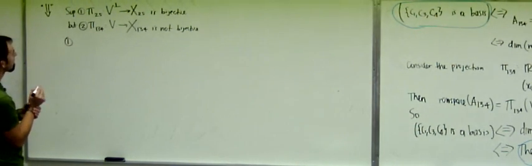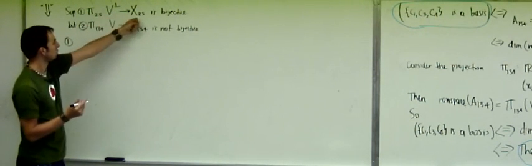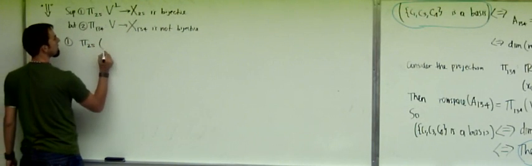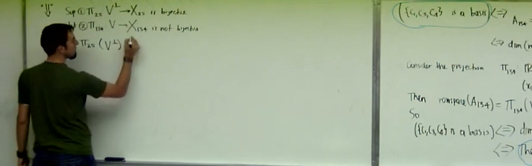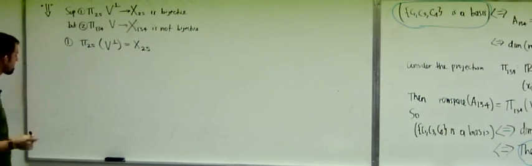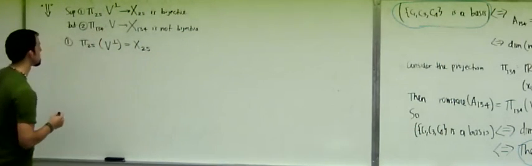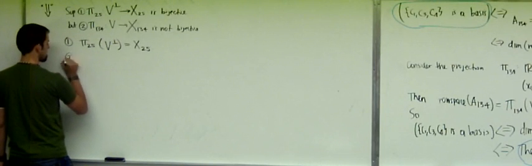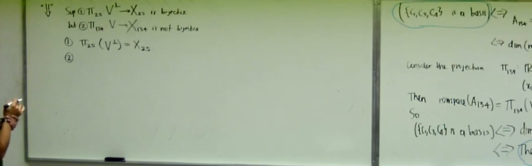What does 1 imply? Well, this implies that this is an isomorphism, and so in particular, it implies that if I look at the image of this map, it's going to be all of x25. Okay.